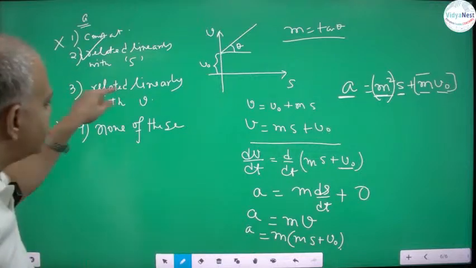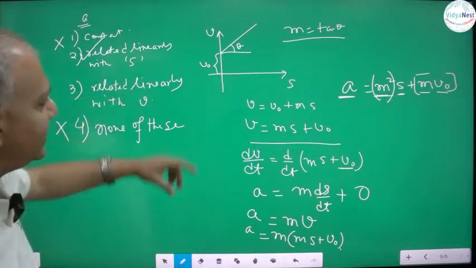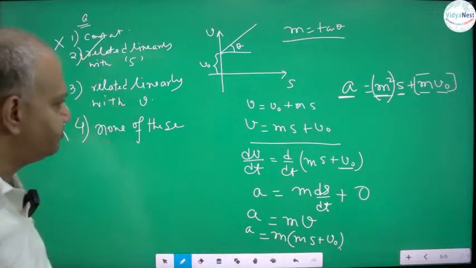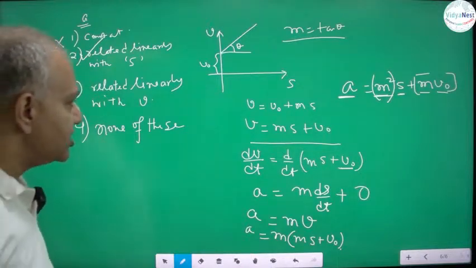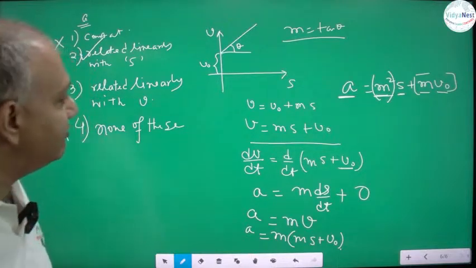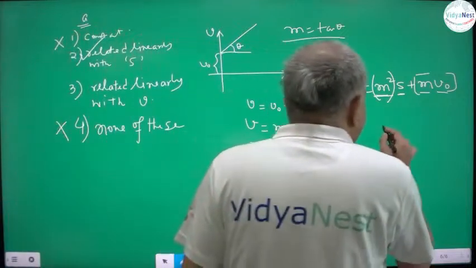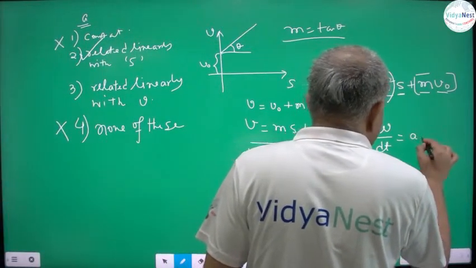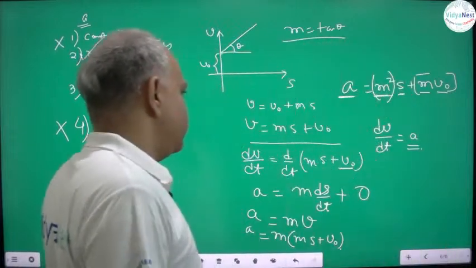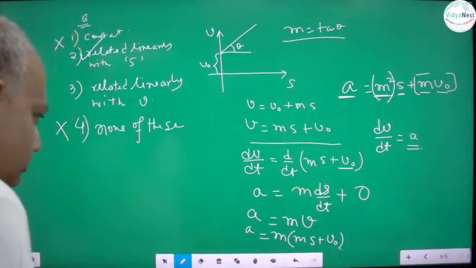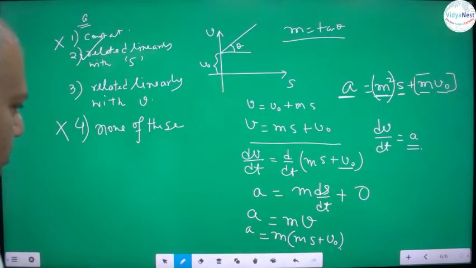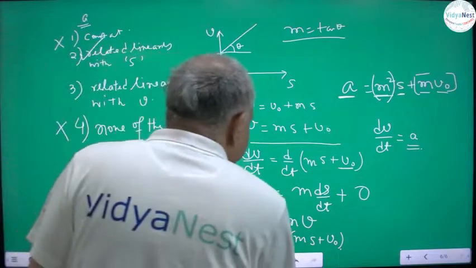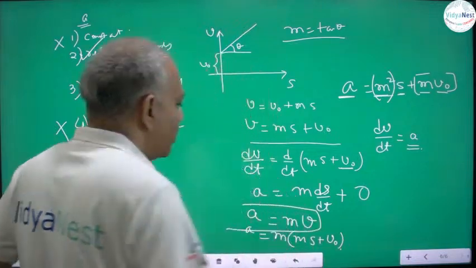Now I have to check whether there is a relation with velocity. Is there any relation between acceleration and velocity? We know that the rate of change of velocity is equal to acceleration. Definitely, you can see, we already formed it.